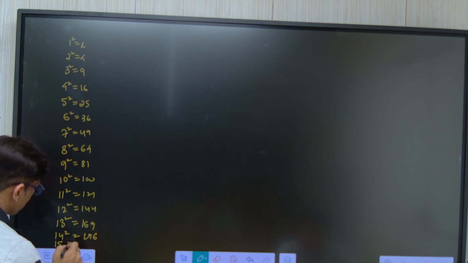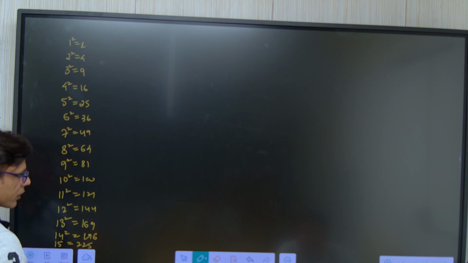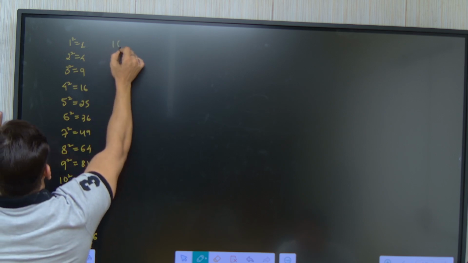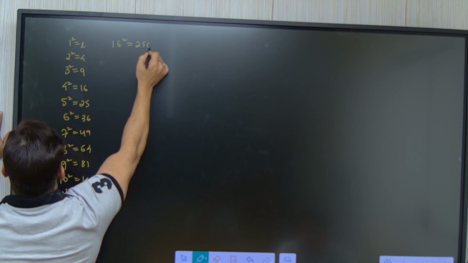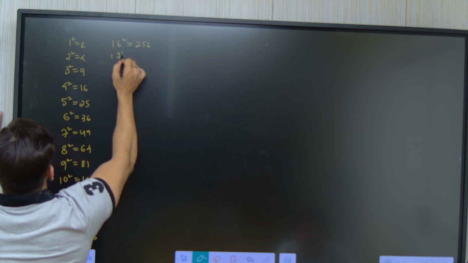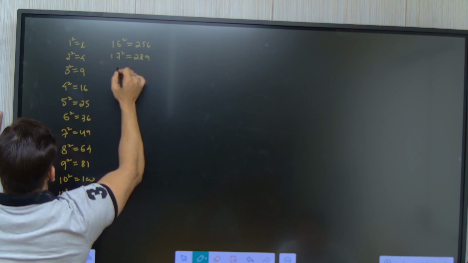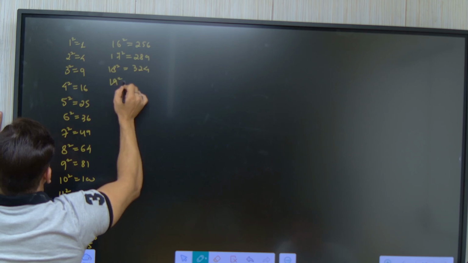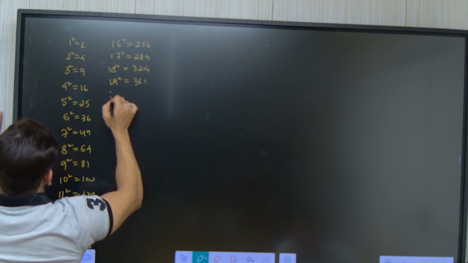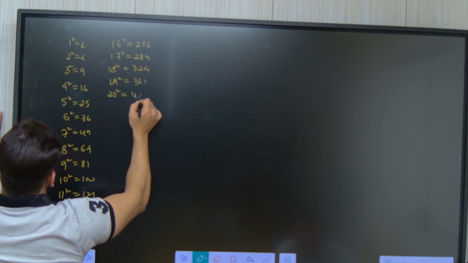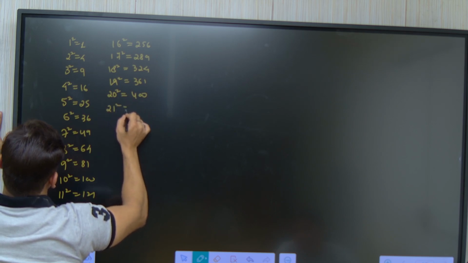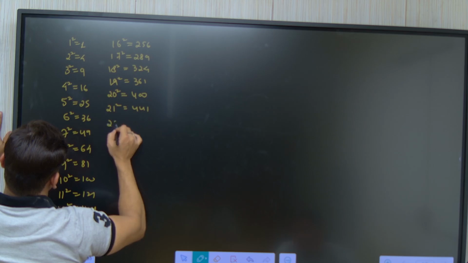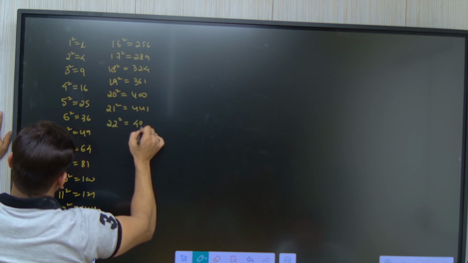And 15 square? 16 square? 17 square? 18 square? 324. 19 square? 361. 20 square? 400. 21 square? 441. 22 square? 484.